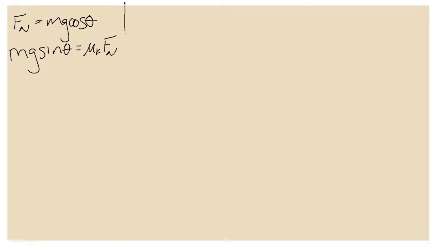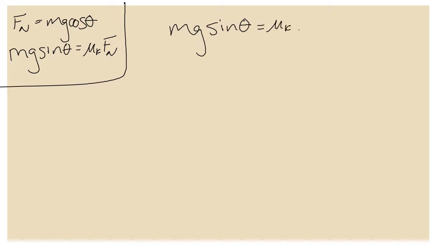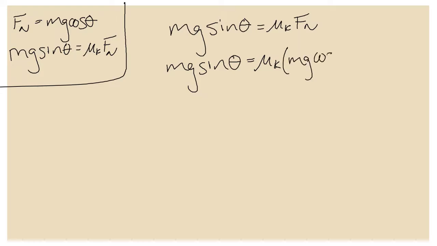Your first move with the math is to take mg sine theta equals the coefficient times the normal force, and sub in your equation for the normal force. So I have mg sine theta equals the coefficient of kinetic friction times mg cosine theta. Notice that because I have an m and a g on both sides of the equation, they cancel. That leaves me with sine theta equals the coefficient of kinetic friction times cosine theta.